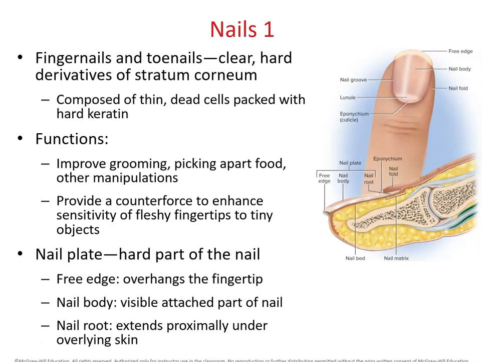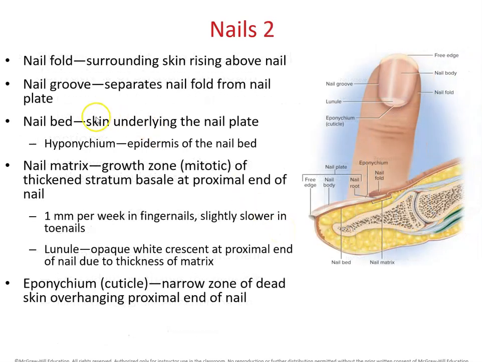The nail plate is kind of what we think of as the visible portion of our fingernail, and it has a free edge, that outer edge, the nail body, and then the nail root goes under the nail fold. The nail groove is kind of the division between your fingernail and the skin adjacent to your fingernail.